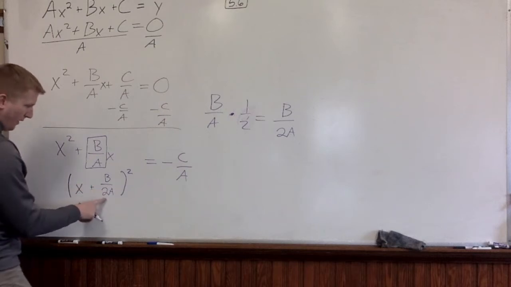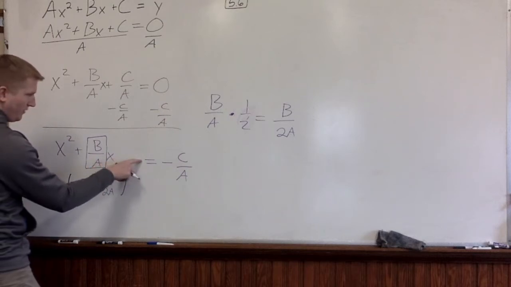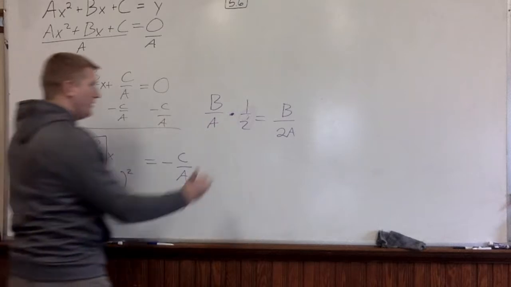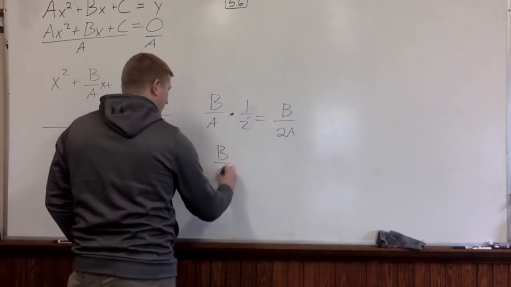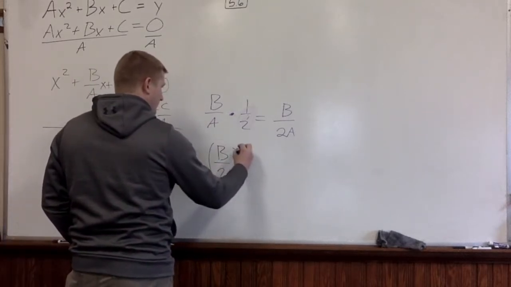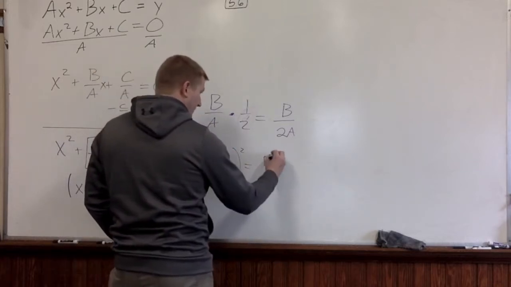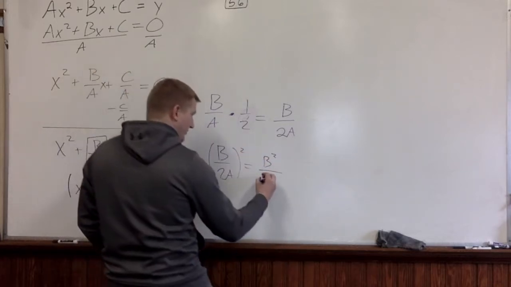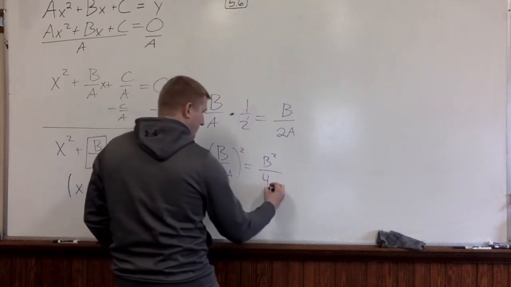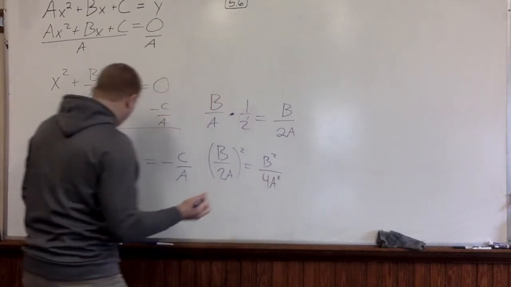I now need to square this and put it over here. We'll technically add it to both sides. So b over 2a, quantity squared. All right, well, b squared is just going to be b squared. 2 squared is just going to be 4, and then a squared is a squared. All right, so that's not so bad.